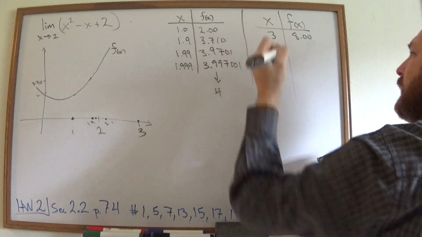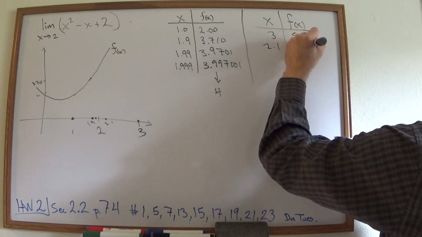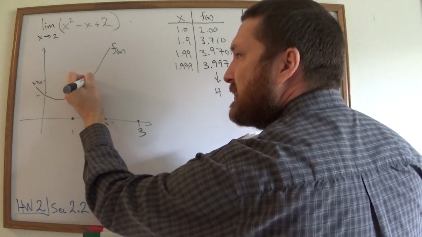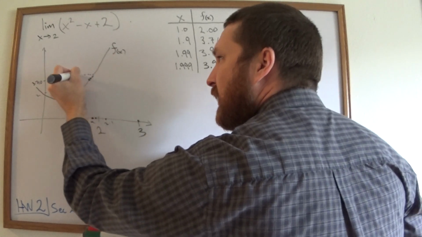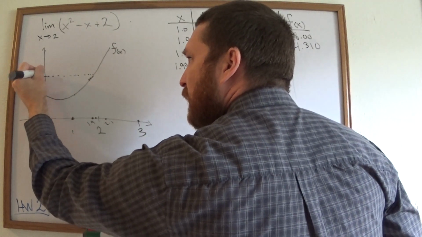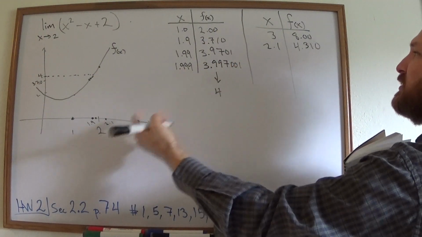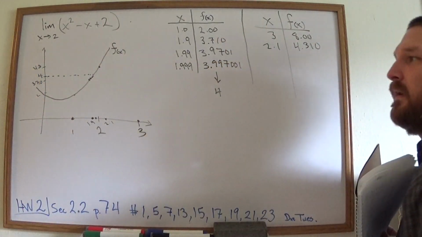Plug in my 2.1, and I get 4.31. As I was going in the other direction, they got closer and closer to the value 4. Now I'm coming from the opposite direction, and I get out a 4.3.